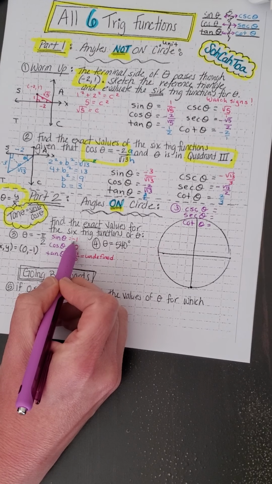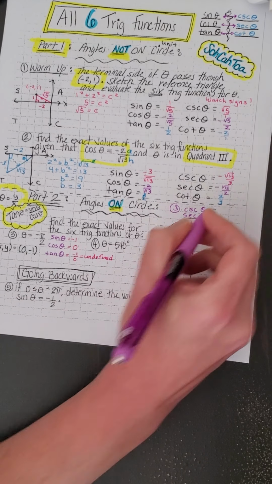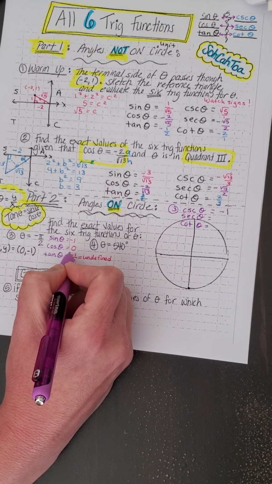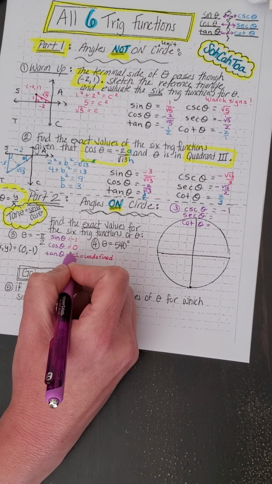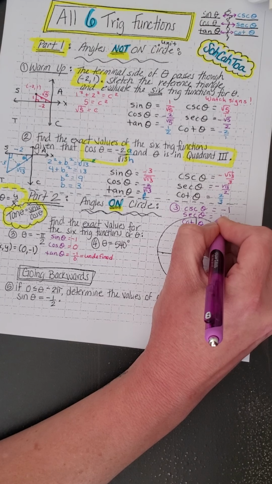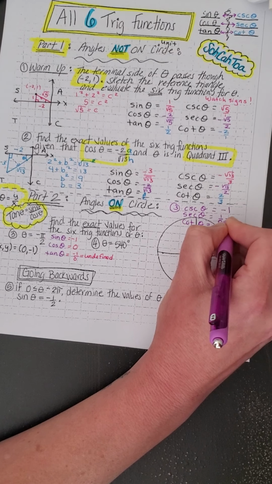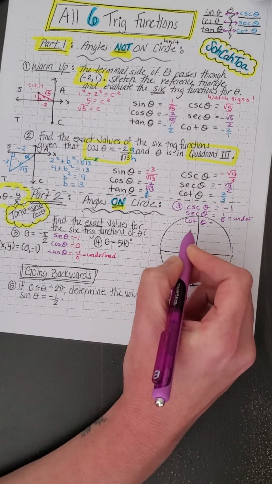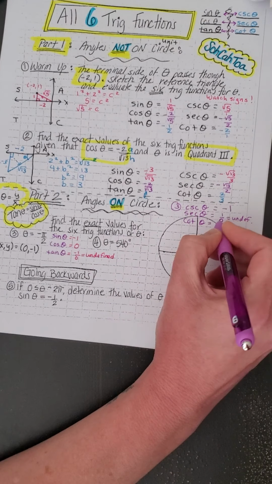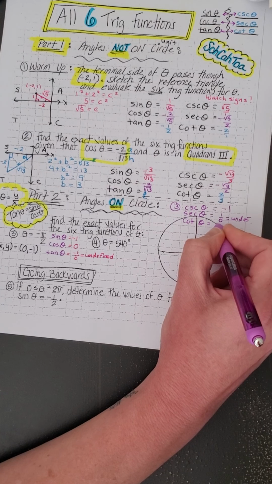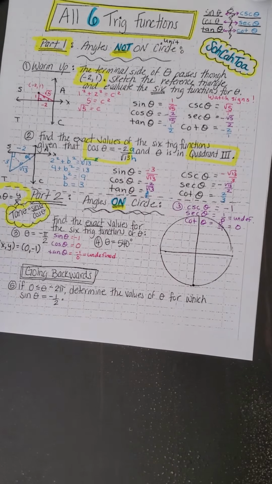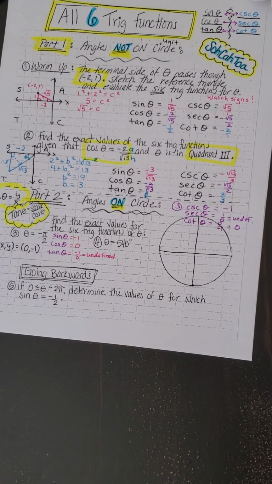Well, the reciprocal of -1 over 1 is -1. The reciprocal of 0 over 1 is 1 over 0, which again is undefined. And the reciprocal of -1 over 0 is 0 over -1, which is 0. And those would be our 6 functions.